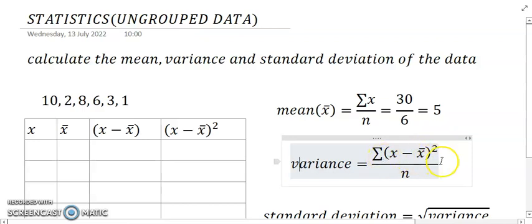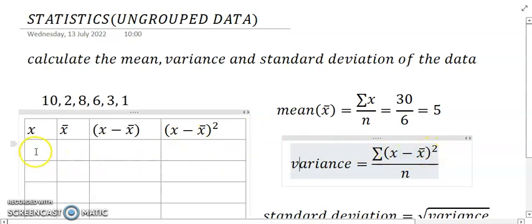To be able to calculate this, we have to draw a table just like this. Here x stands for these values. X bar is our mean, which is this one. X minus x bar, where x is this one and x bar is that one. And x minus x bar all squared, which is this term.